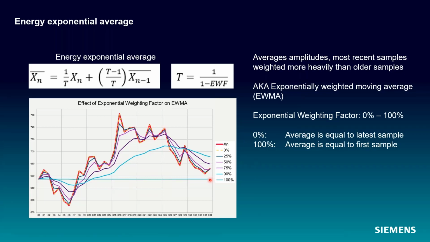Okay, so if you have 100% weighting factor, you're saying the first data point is all I really care about, and then each percentage point in between is somewhere in between those. And so you see the effect of 50% is this sort of light purple, where it's not going to the extreme peaks, but it's not falling as quickly as the original data is either.